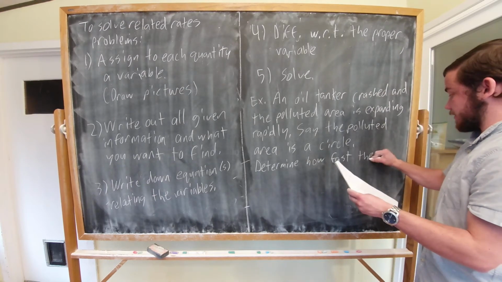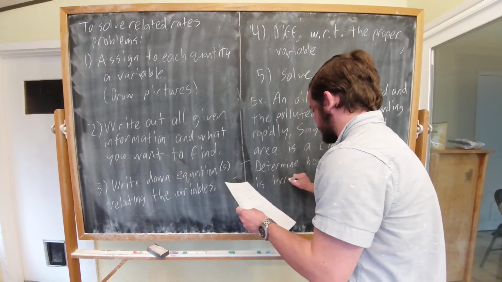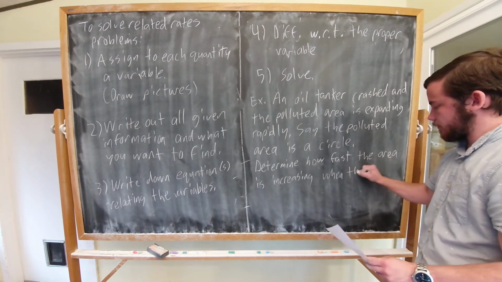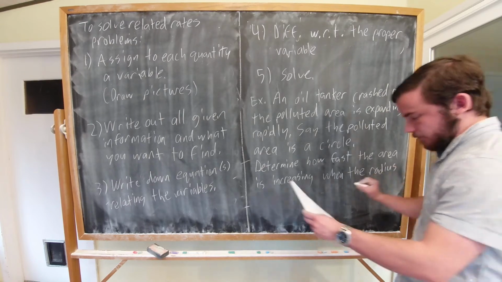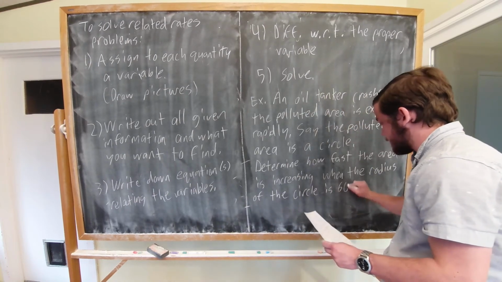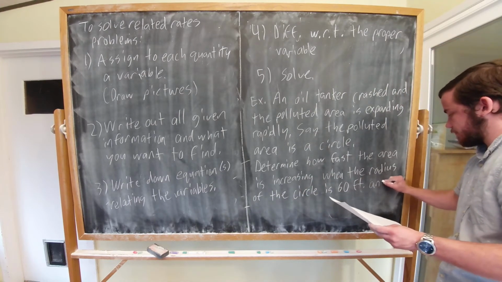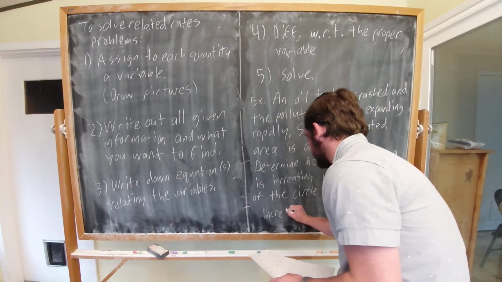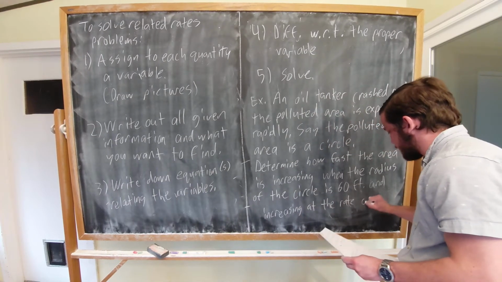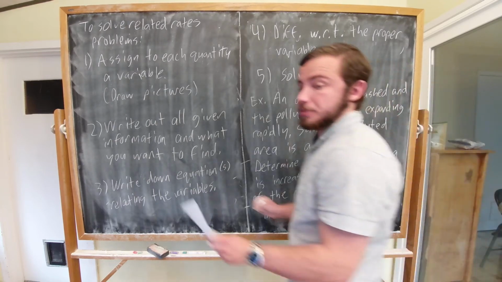How fast the area is increasing when the radius of the circle is 60 feet and increasing at the rate of half a foot per second. So, very fast growing oil spill right there.